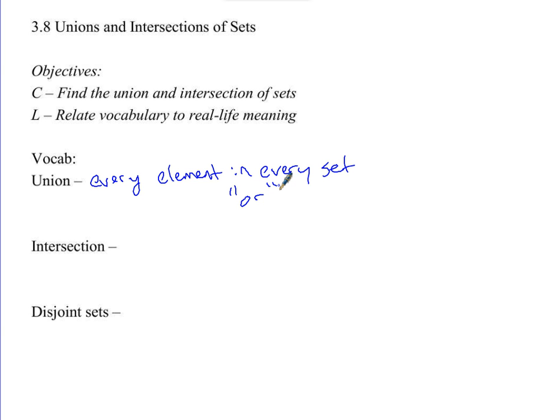The intersection is every repeated element in sets. So now I'm going to take only the students who have me and Mr. Hanlon both and put them in a hat. Obviously everybody in this room has me.